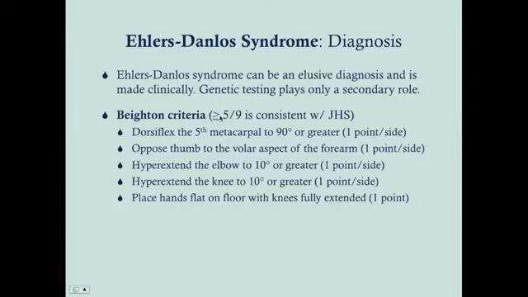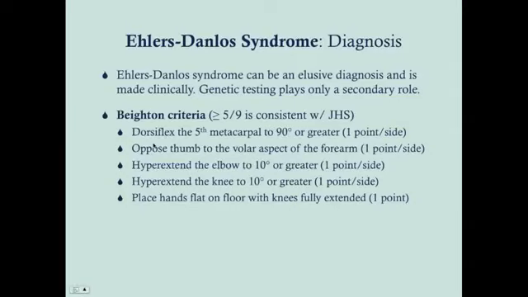If you have greater than 4 out of 9, that's consistent with JHS. I mistyped that there. So the Beighton criteria is met when a patient fits 4 out of 9 points, and you get 1 point for each side.